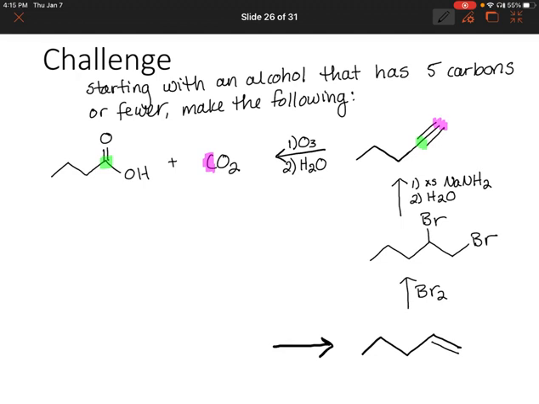So remember, a long time ago we talked about elimination reactions involving alcohols. So there's a couple of different alcohols that you could start with. One of them that has 5 carbons has the OH group on the very end. And all we would need to add here is catalytic acid and heat.